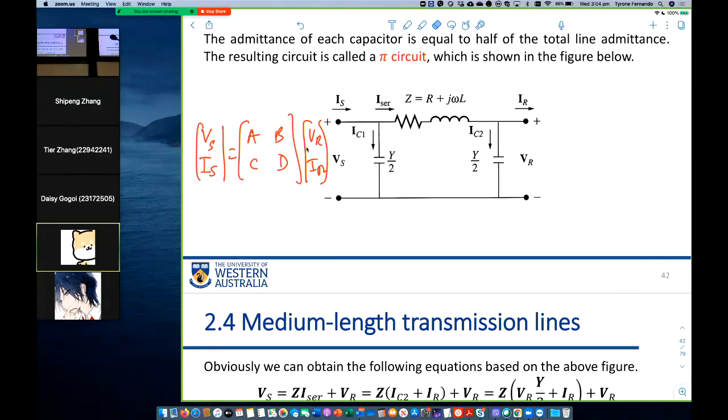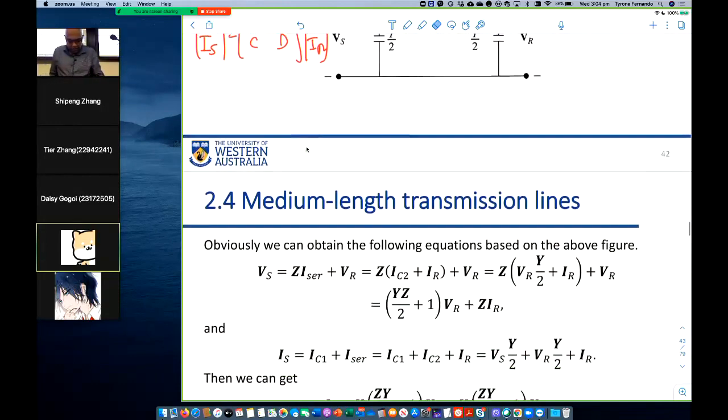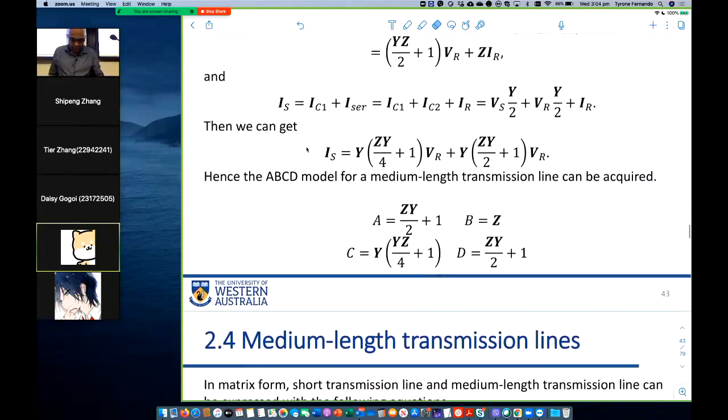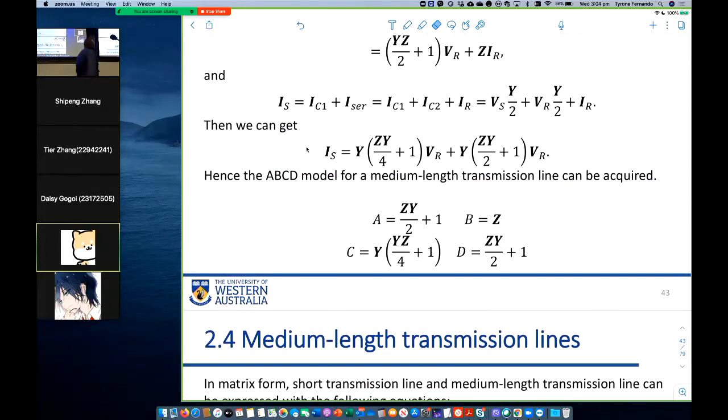Again, by doing basic circuit analysis using Kirchhoff's voltage law and Kirchhoff's current law, we can obtain the values for ABCD. The value for A is ZY on 2 plus 1.